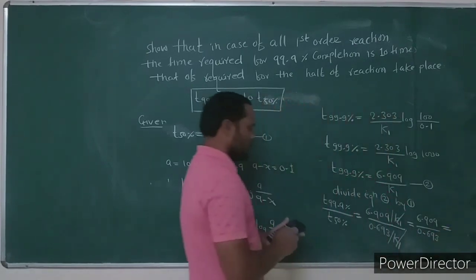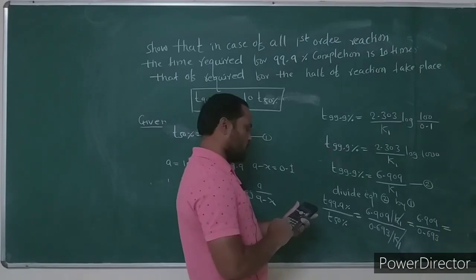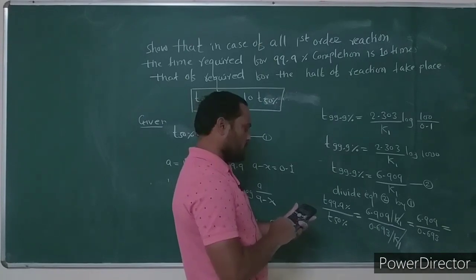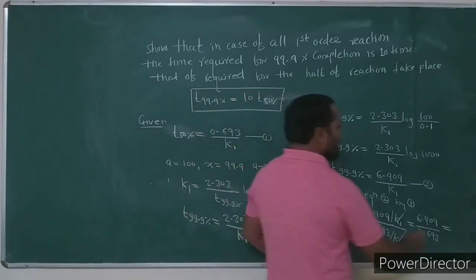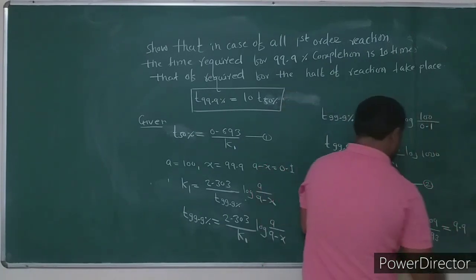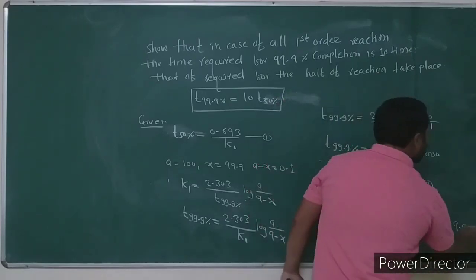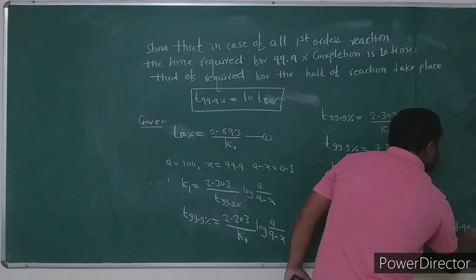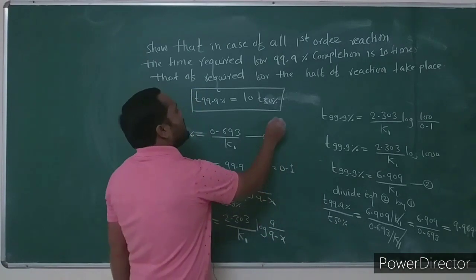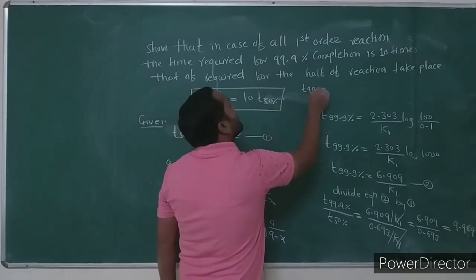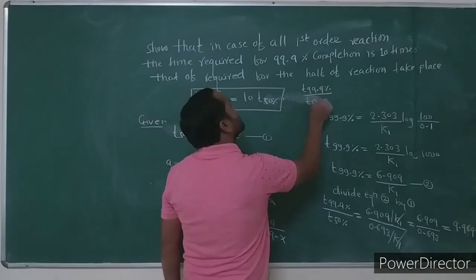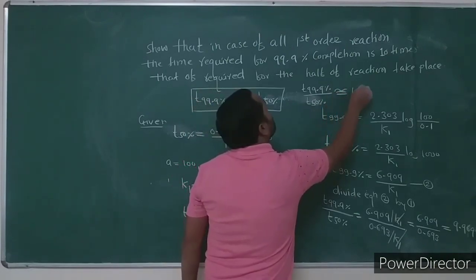Then we divide 6.909 by 0.693, which is approximately 9.97, approximately equal to 10. This means T 99.9% divided by T half or T 50% is equal to 10.